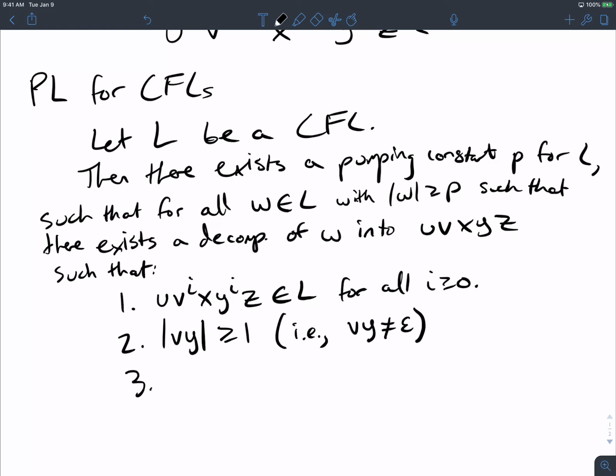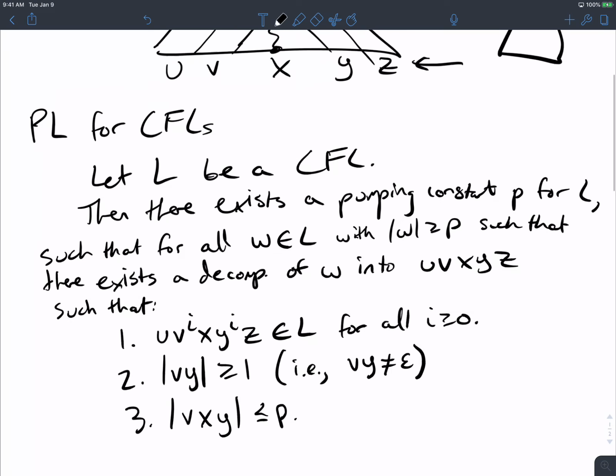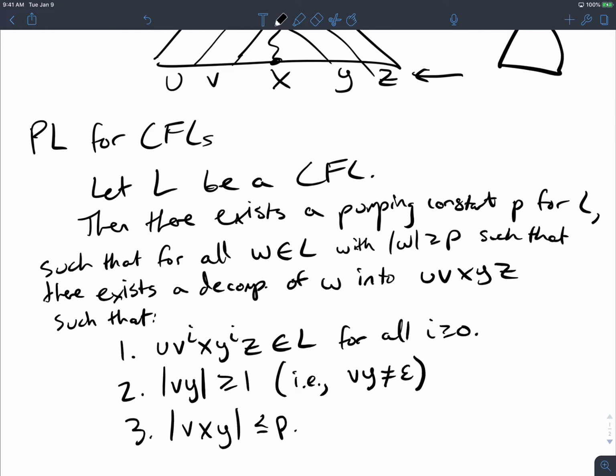What is the part that's being repeated if I copy it down? Vxy. So the thing that we derived last time was that Vxy, the whole thing, is of length at most p, because that's the repeating part.